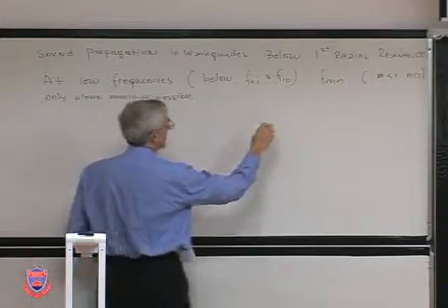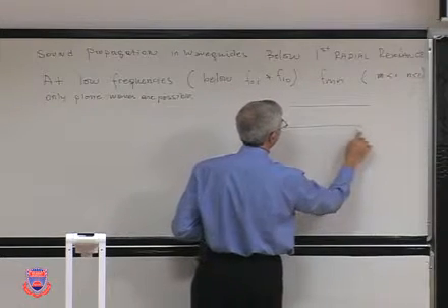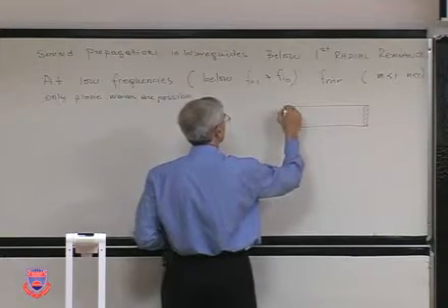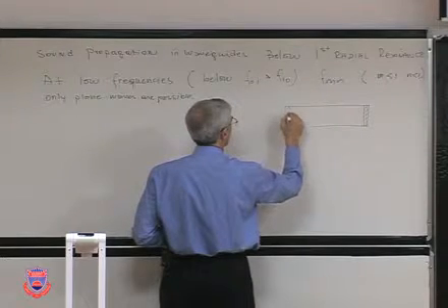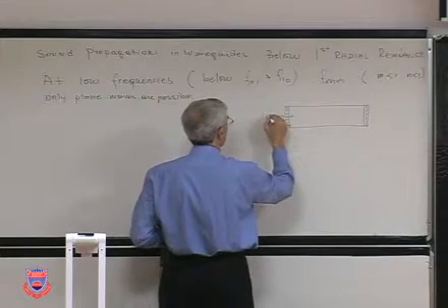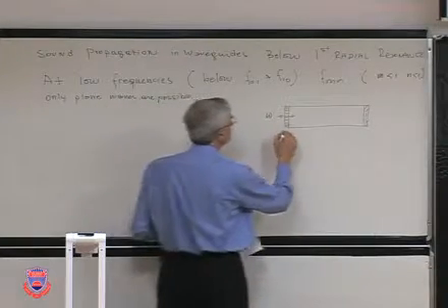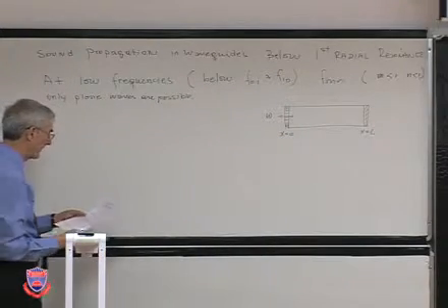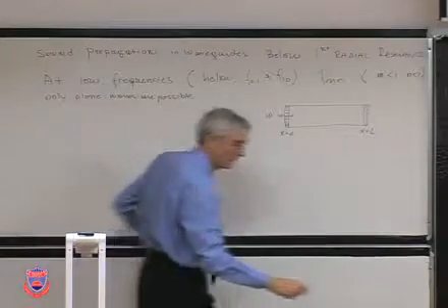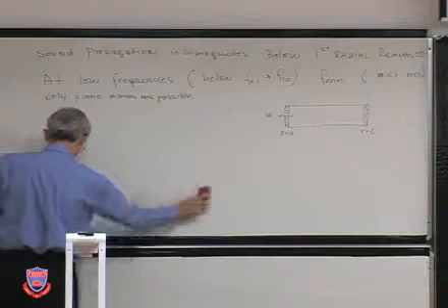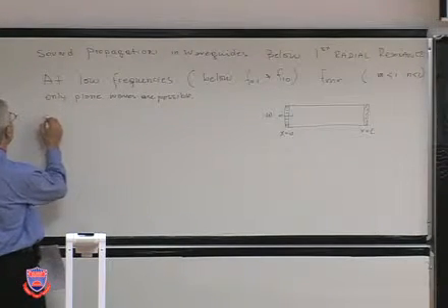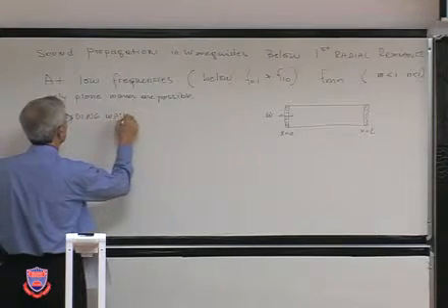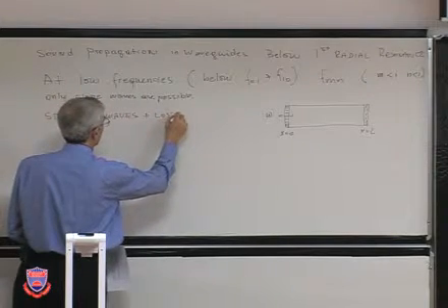Okay, so let's say we have a sound source at a frequency omega in some sort of a waveguide that has a length L. And what we want to do is just very briefly describe standing waves and losses in the waves.